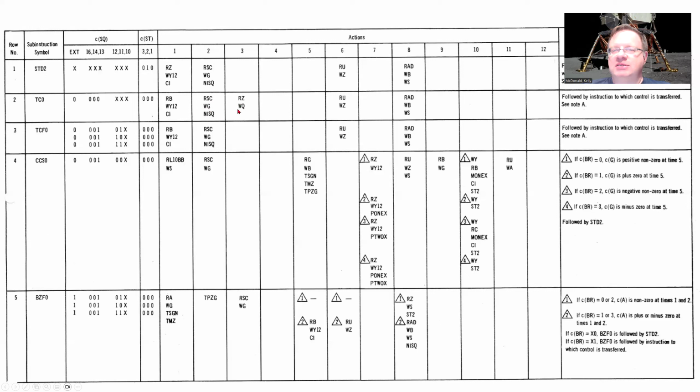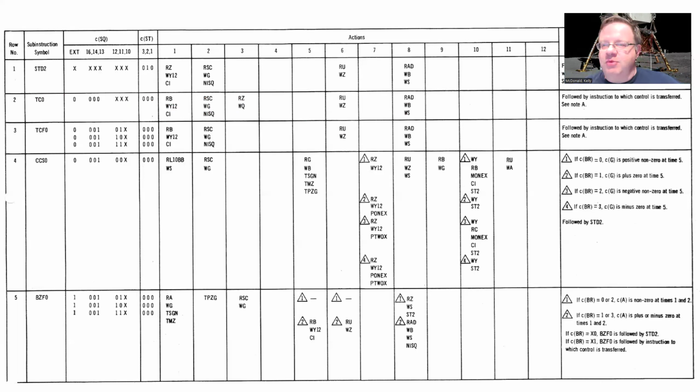Basically this takes data from our Q register and writes it into our Z register. But this is the mapping of this sub-instruction into all the specific control pulses that have to be issued at the right time in order to provide the actual mechanism of the instruction itself. So this is how that instruction executes.